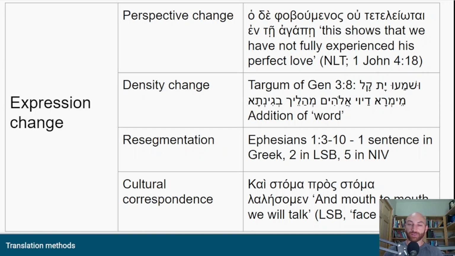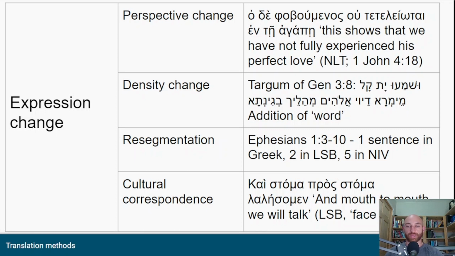That doesn't literally mean face to face, meaning the word stoma doesn't literally mean face. It means mouth. That being said, the idiom "mouth to mouth" is equivalent to our idiom in English, "face to face."